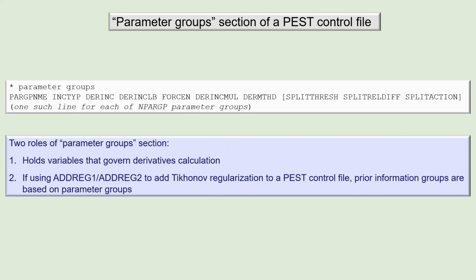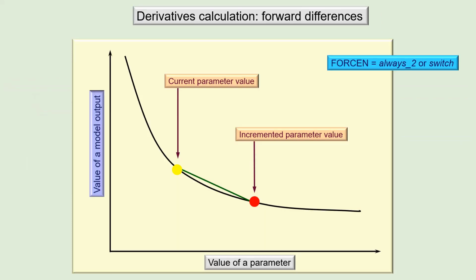The parameter group section of the PEST control file is also instrumental in setting up preferred value regularization in ways that we have just discussed. But for the moment, I point out that the variables which govern finite difference derivatives calculation are assigned to parameter groups rather than to individual parameters.